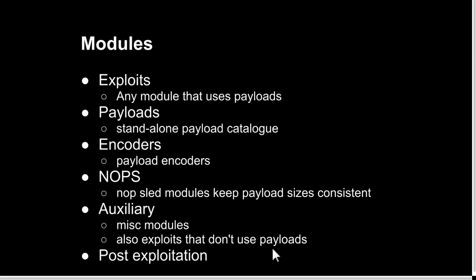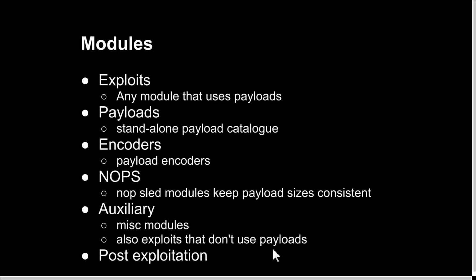The modules are broken down into exploits, which are categorized as any module that uses a payload; those are supposed to be located in the exploits module. Payloads are basically standalone and aren't accompanied by something that delivers them. Encoders do the encoding, the filter evasion to beat WAFs, IDS, and AV.